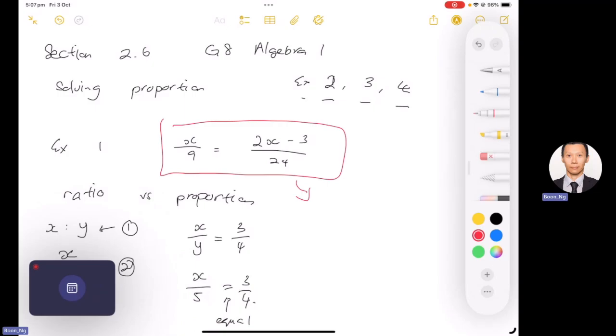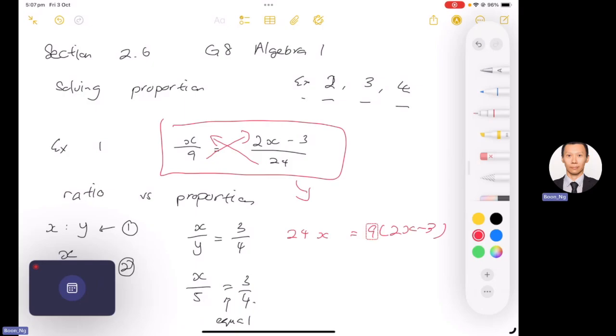So basically what we do is we cross multiply. So 24 times x equal 9 times 2x minus 3.